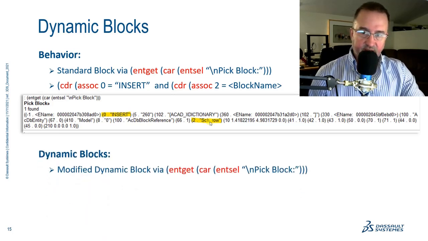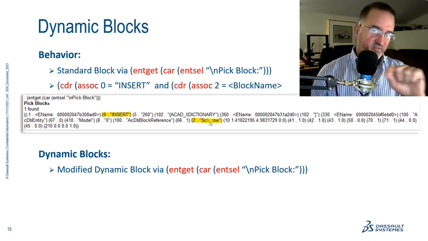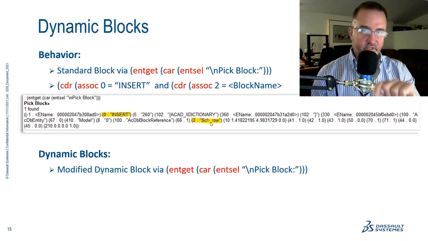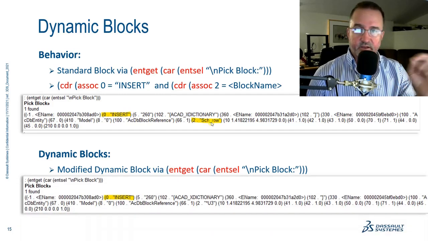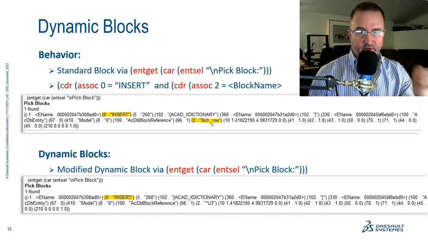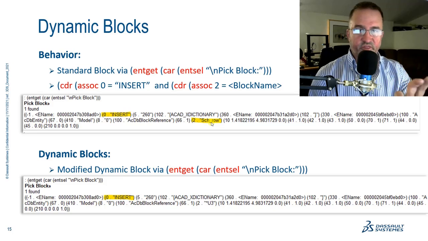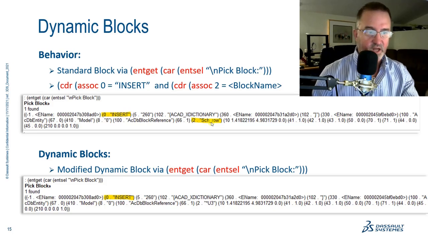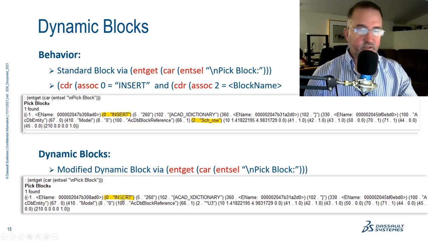However, if I do the same thing with a dynamic block, once I've modified the dynamic block, the results are very different. If I pull or change one thing inside that dynamic block and it's no longer the core base block, it's still considered an insert. It's still considered an insertion of the block.